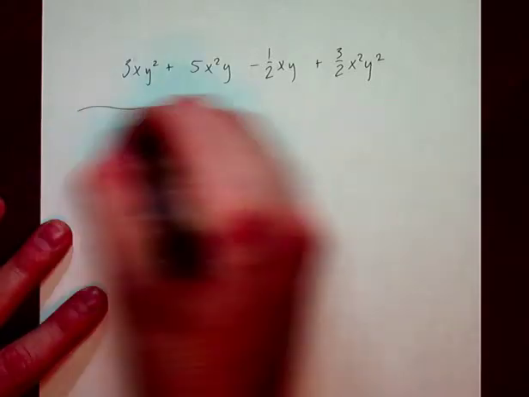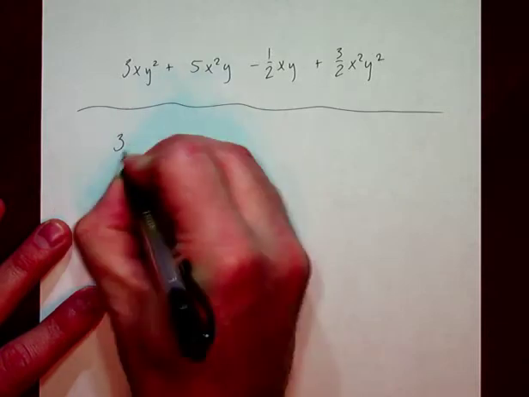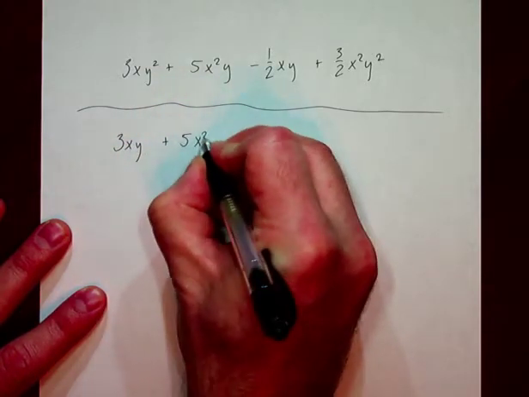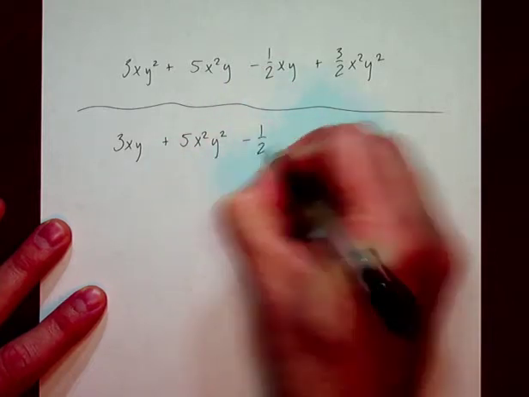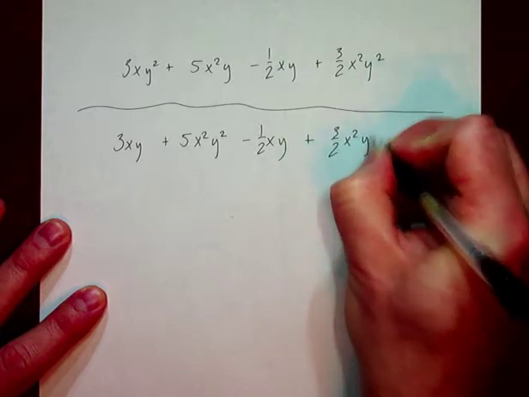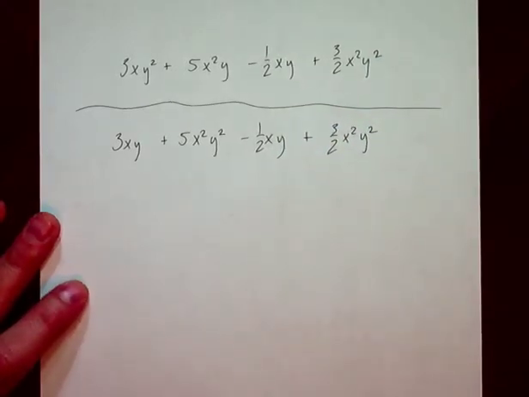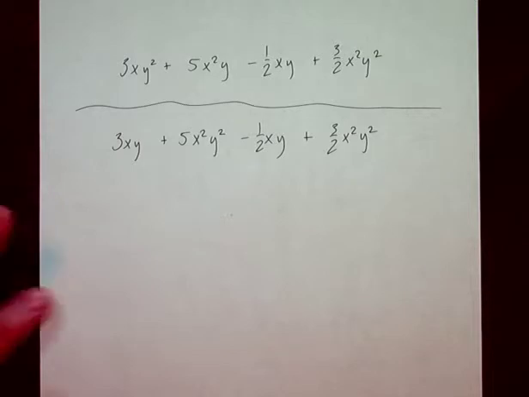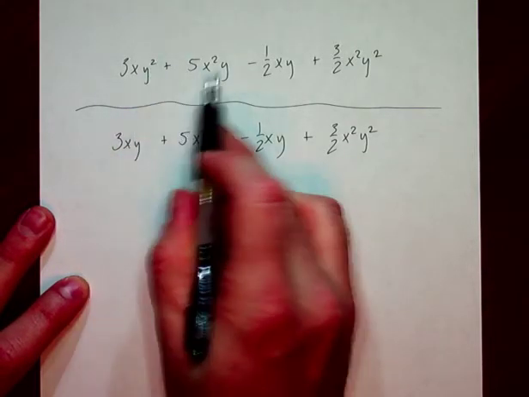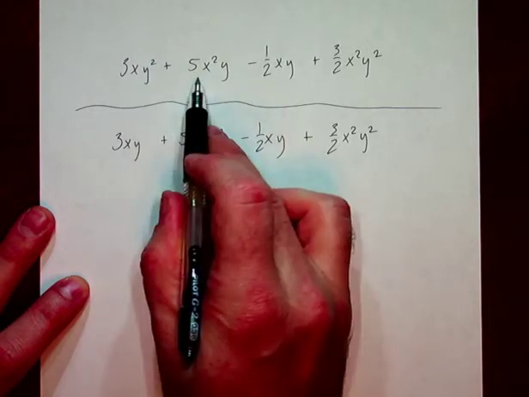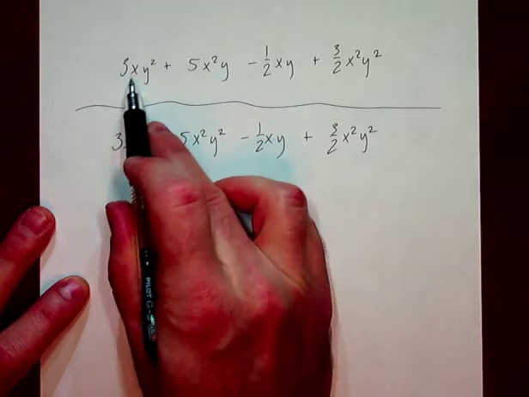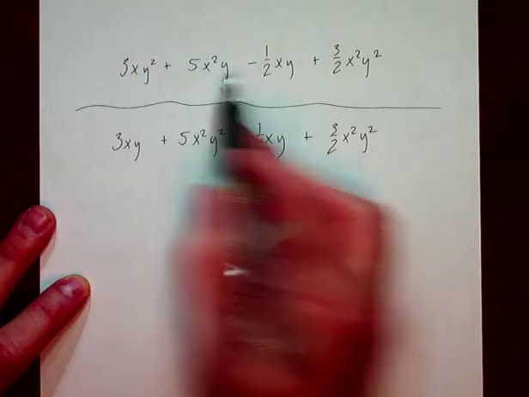But if I were to have something that looked similar, okay, there are like terms here. xy squared cannot be combined with x squared y. This is xyy, this is xxy. Those are not like terms.